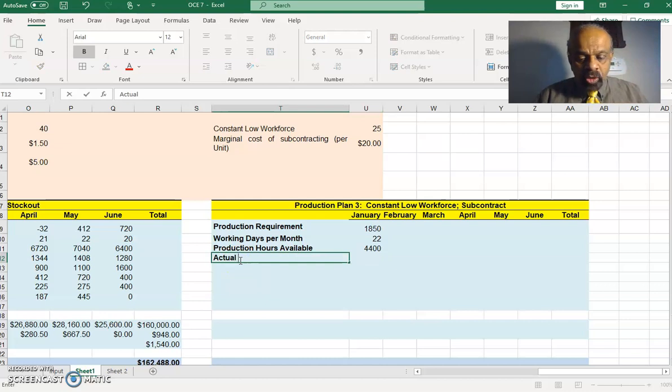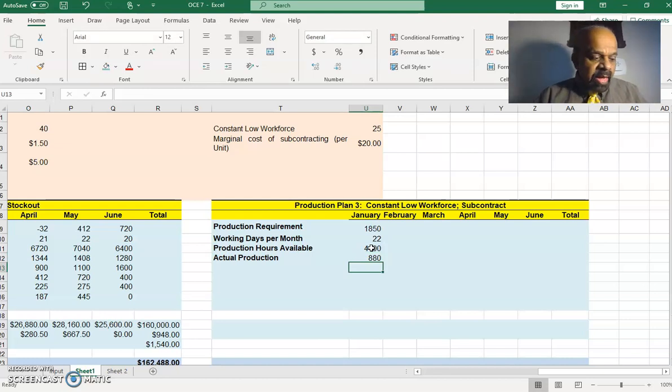The actual production, because now we have a different production hours available, is going to be equal to 4400 divided by 5, because you have 5 hours to make a unit.